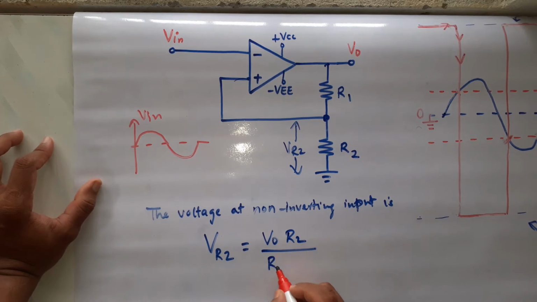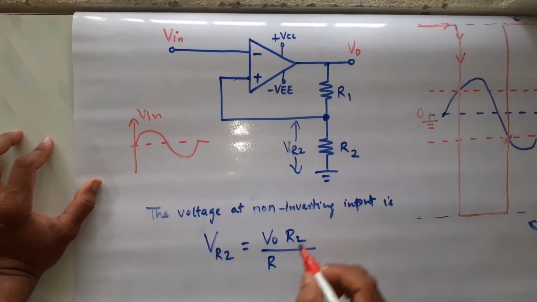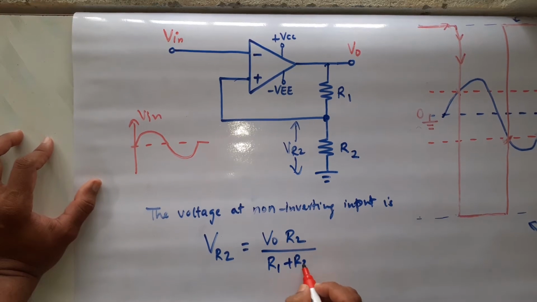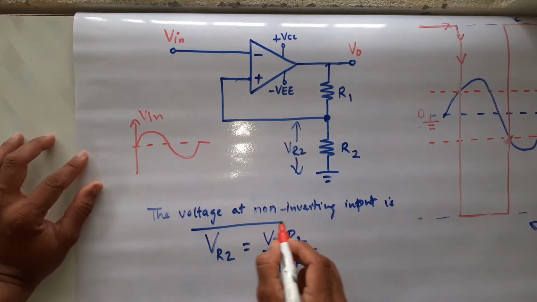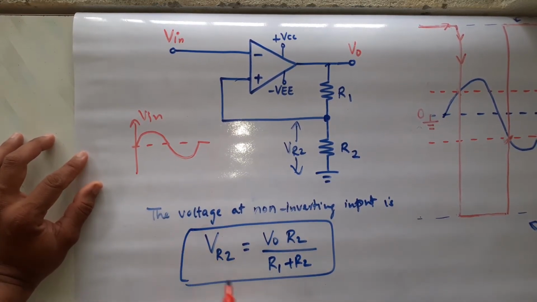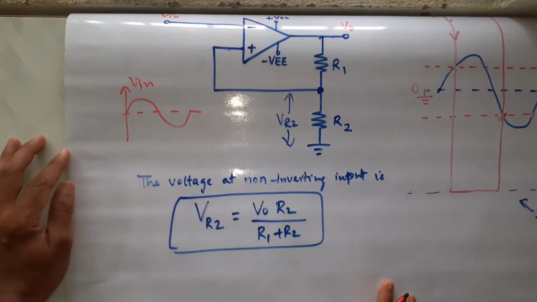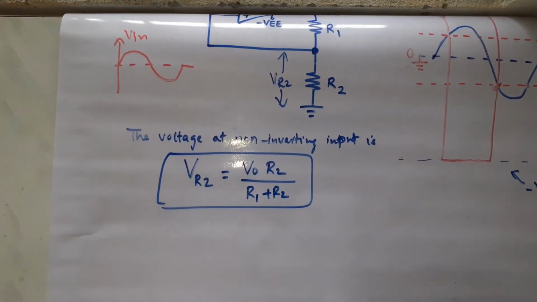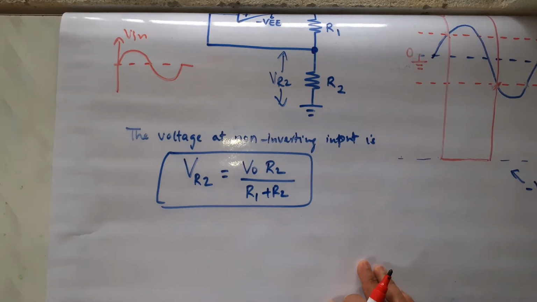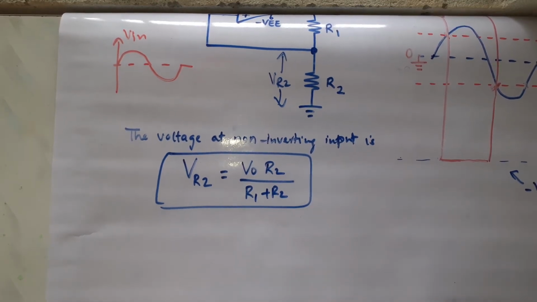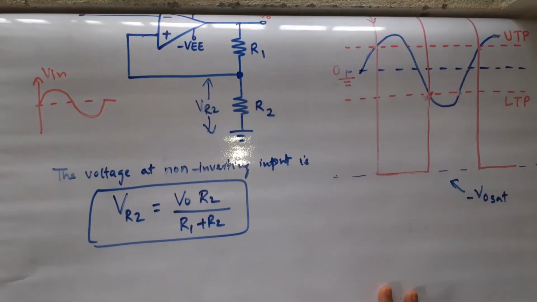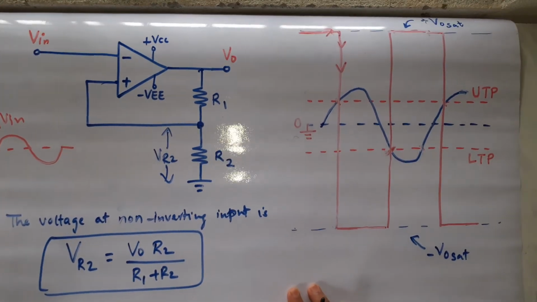We have resistance R2 and R1, so I will write R1 plus R2. Hope it's clear. Now you understood what is VR2, right?